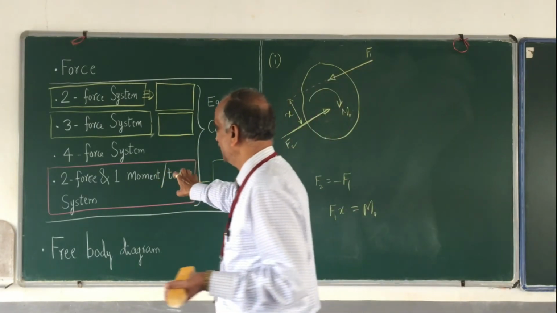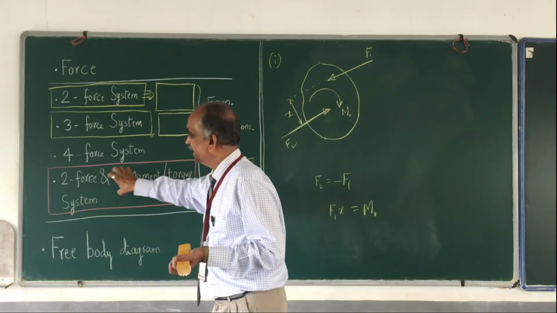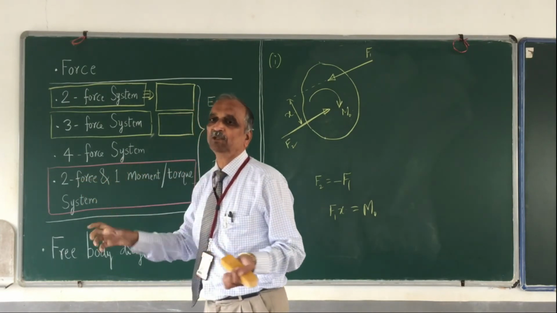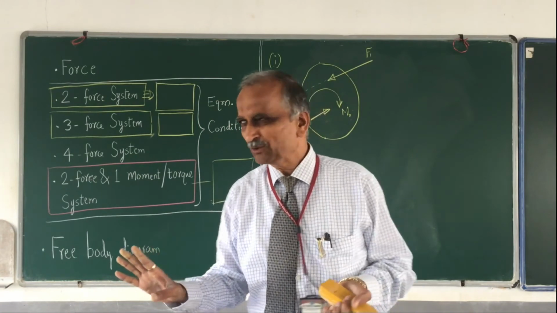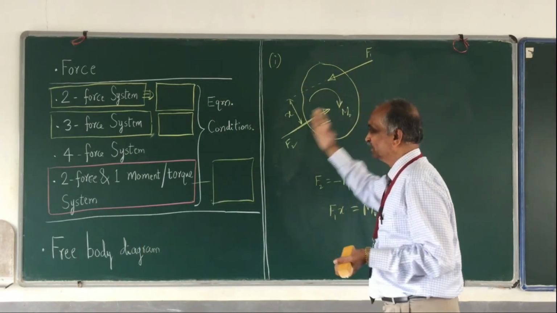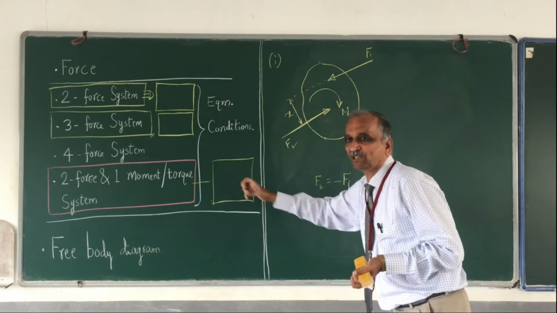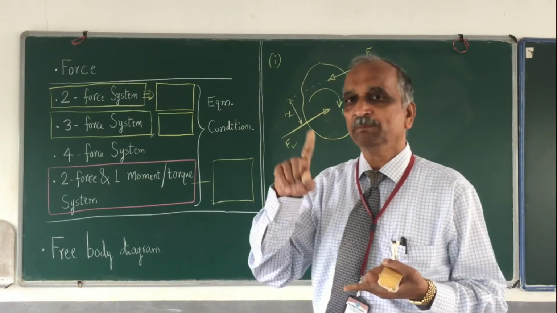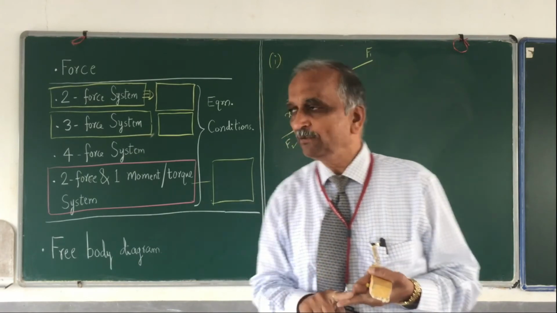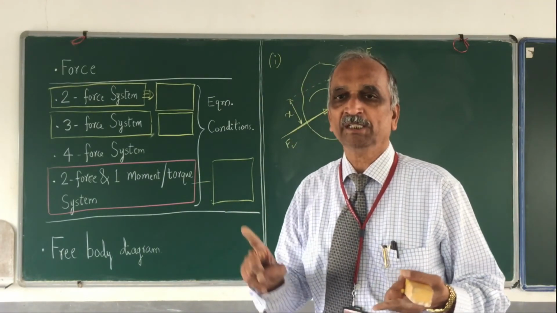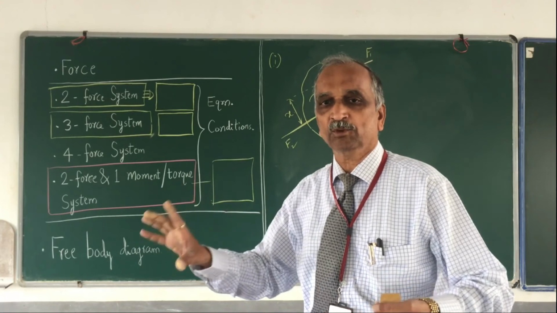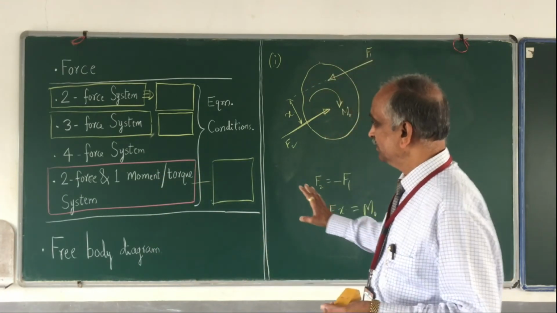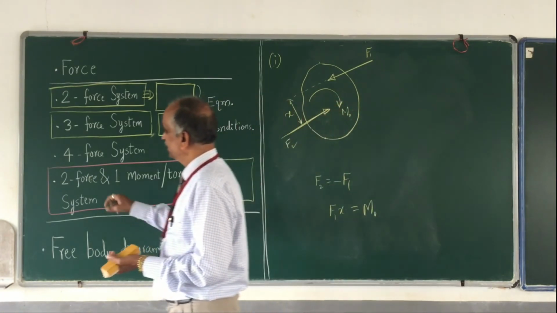The moment whatever you have applied and the couple formed by these two forces are exactly equal and opposite. So even if you take the other case also, you come finally to the same conclusion: the two forces must be equal, opposite, parallel, and the couple formed by the two forces must be exactly equal and opposite to the external moment. I hope you understood. Okay, so that is the meaning of this.